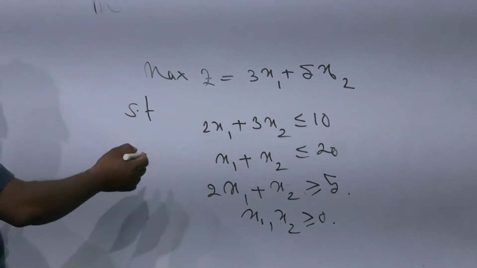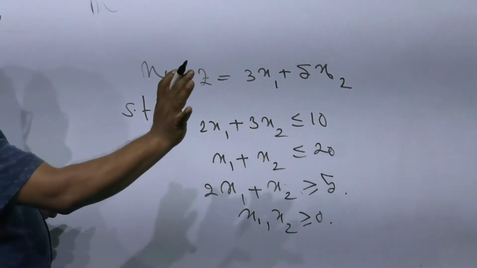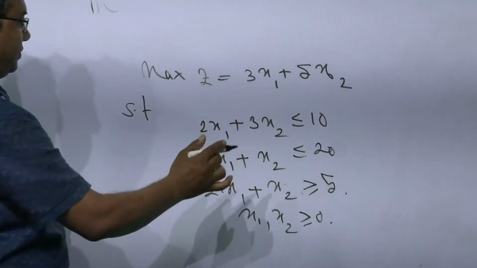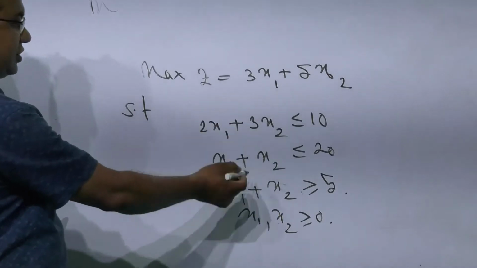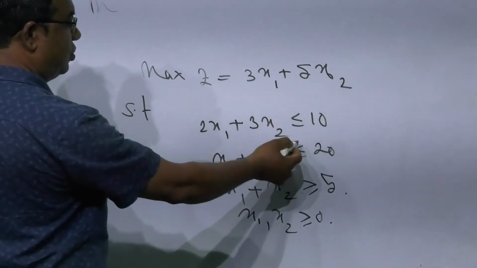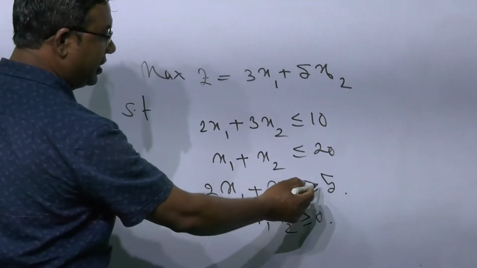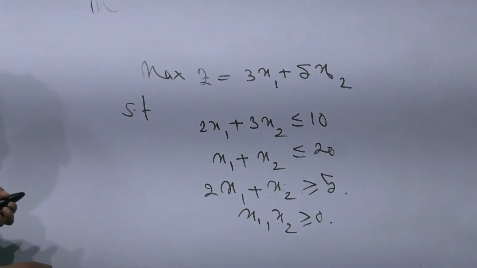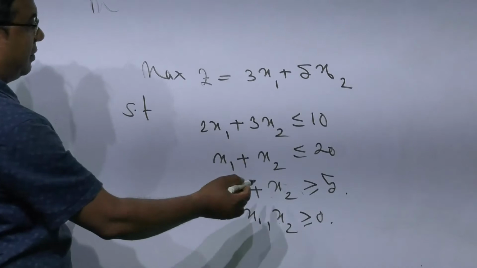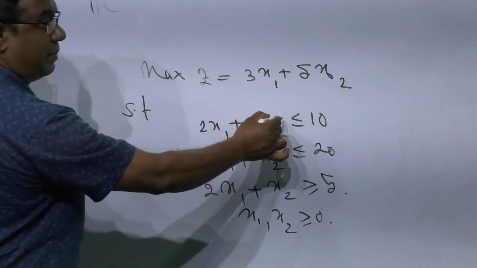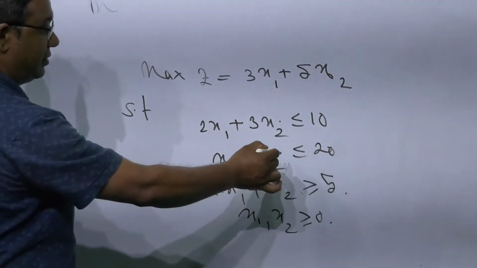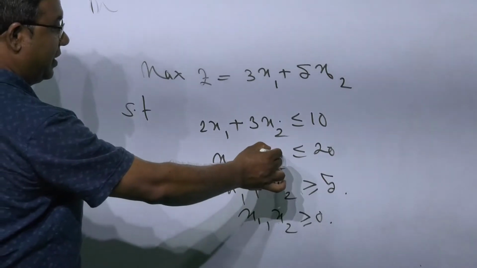So the objective function is in maximization form, this is the standard form, and these are the constraints. The first two are less than or equal to type, the last one is greater than or equal to type. In this case, first we put a slack variable here, then a slack variable here.